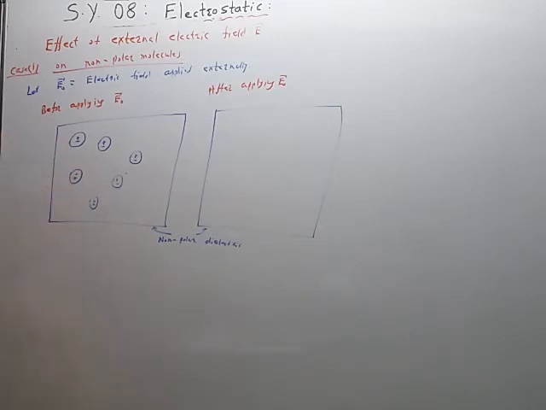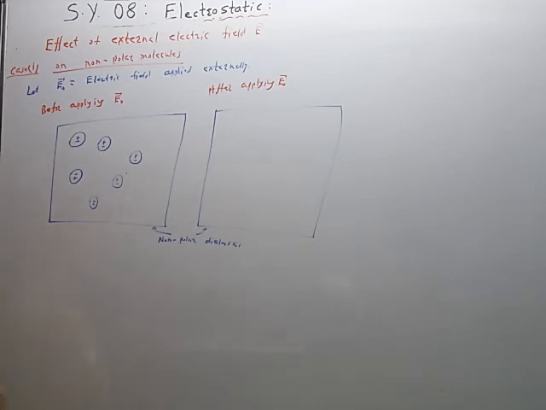I have shown 6 molecules. So the electric dipole moment is 0. P1 is equal to 0, P2 is equal to 0, P3, P4, P5, P6. All the individual electric dipole moments are 0.